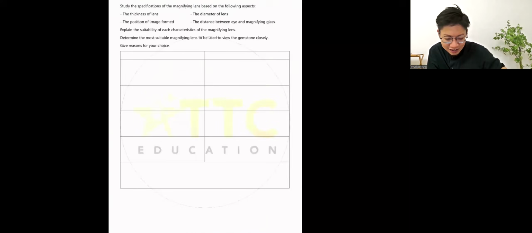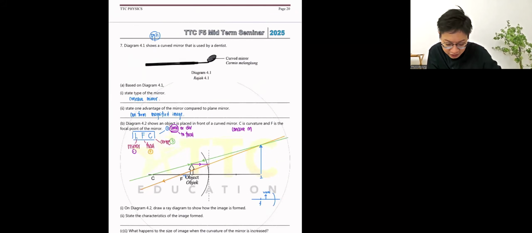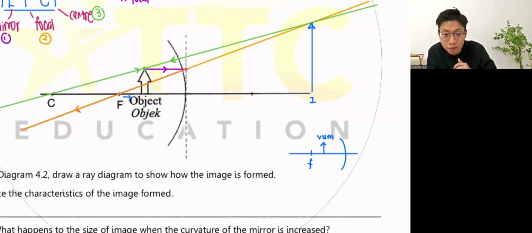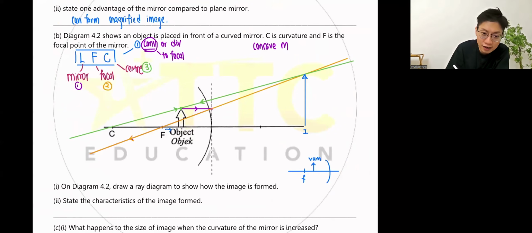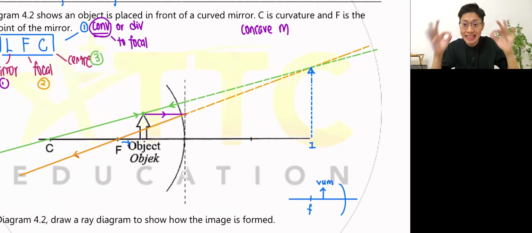So the answer here is VUM, virtual upright magnified. Okay now, can. So therefore, if I want to do this, it will be dotted line as well. Remember this has to be dotted line as well. Done.